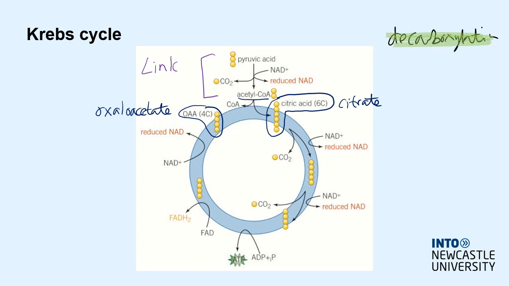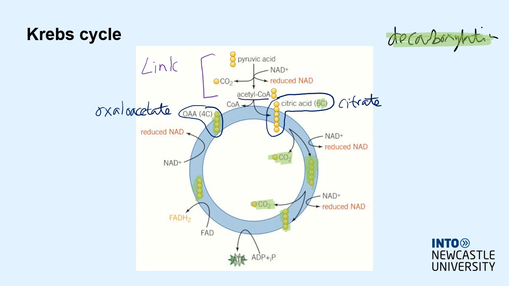Okay, so we are taking the 6 carbons in the citric acid or the citrate, remove a carbon, and then you've got a 5-carbon compound that you don't need to remember the name of. And then we'll decarboxylate again, and then go through a series of different reactions, which we don't need to remember the details of, and we'll go back to the original 4-carbon compound we have.